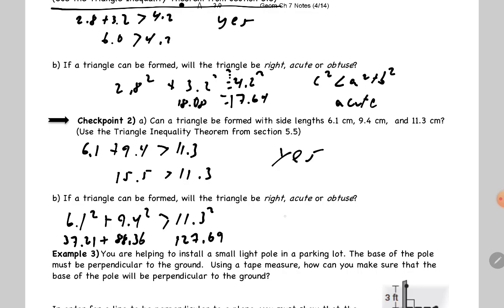All right, so c squared, which is 127.69, and a squared plus b squared is 125.57. So c squared is bigger than a squared plus b squared, so obtuse.